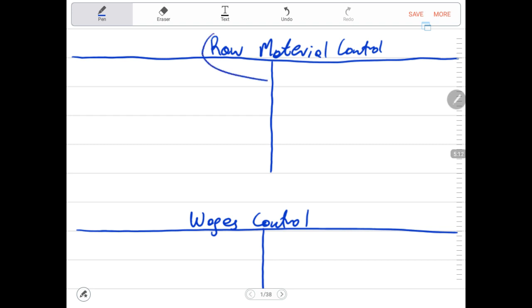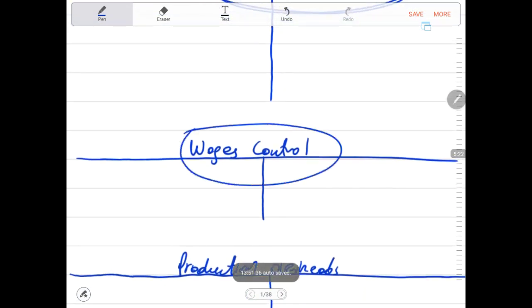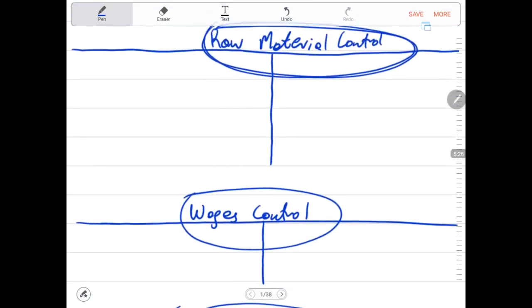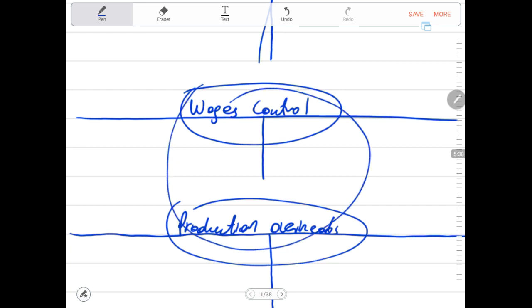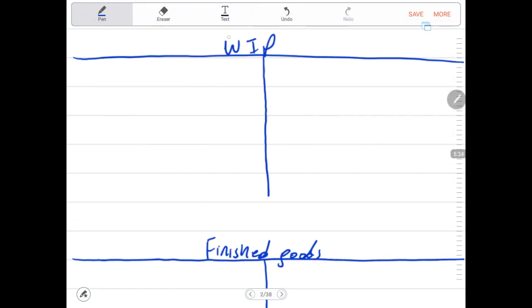Remember, we start by buying material. I want to highlight this process. We use laborers and overheads to convert this material. So we use conversion cost to convert this material in the production department.